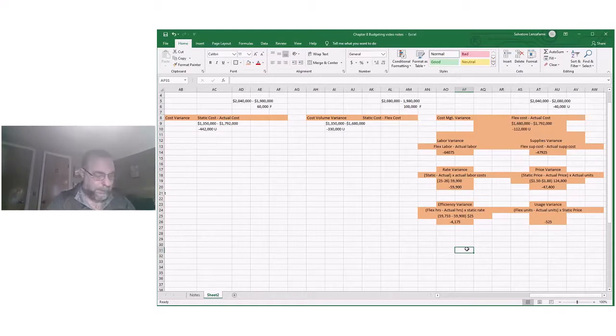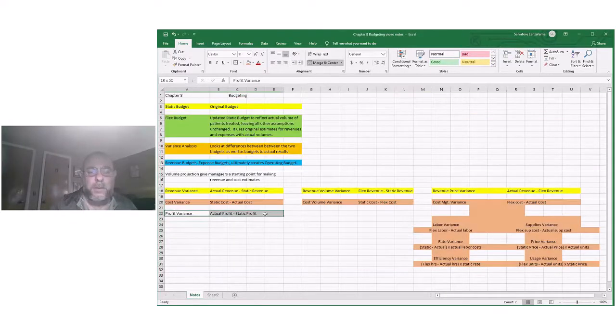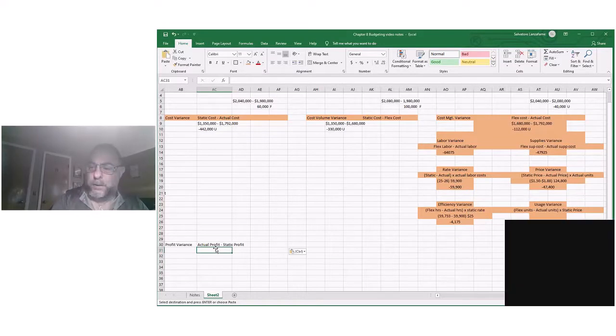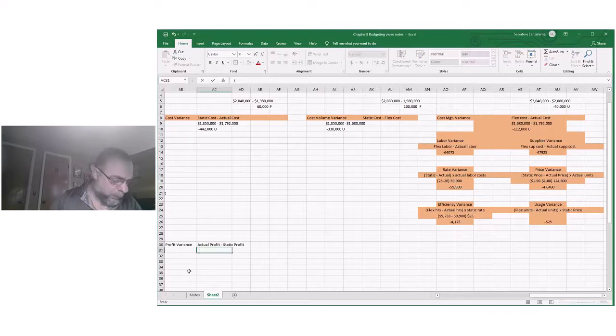Let's see if there's anything else. I think there was one more formula, profit variance. Yeah, let's just do that one, then we'll call it a day. So for the profit variance, take your actual profit minus your static profit. So actual profit ended up being a negative, if you recall, $252,000.